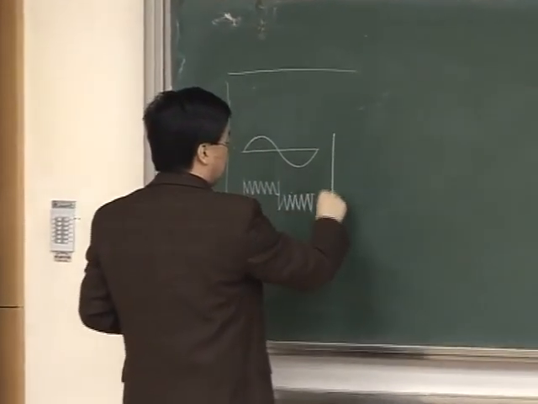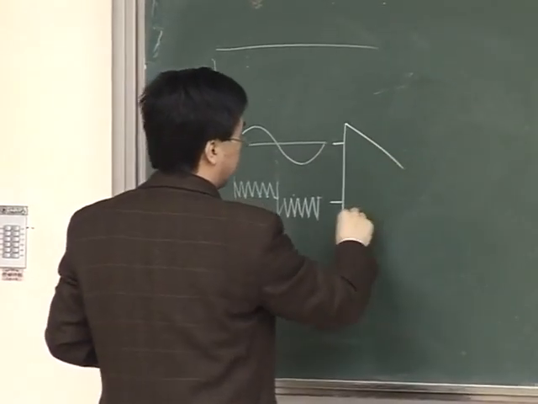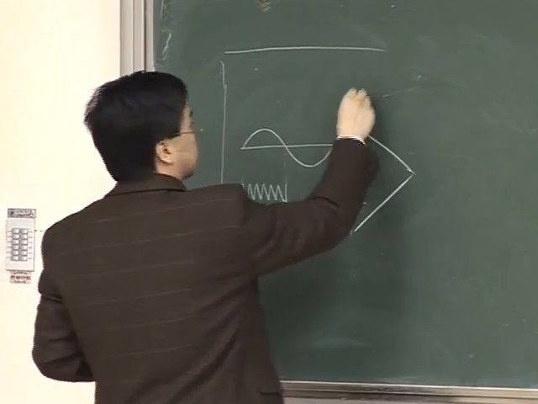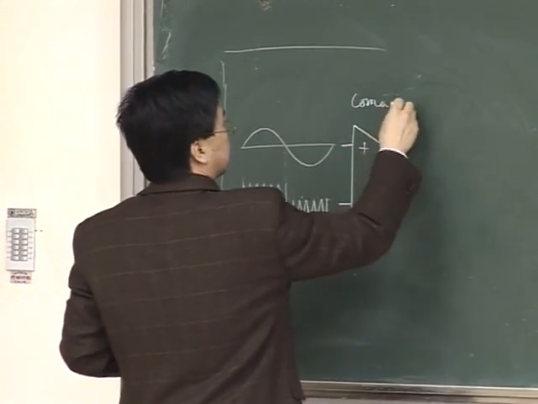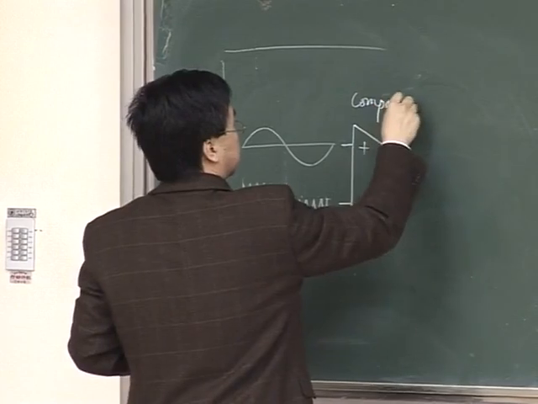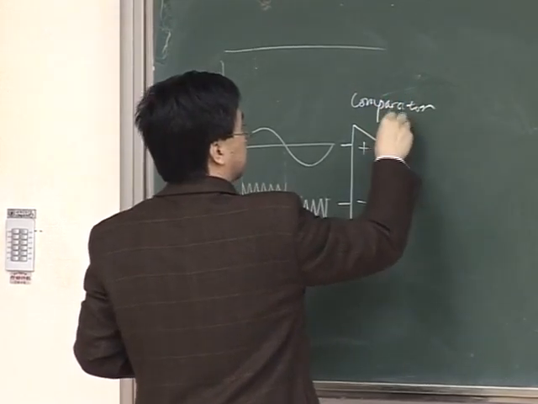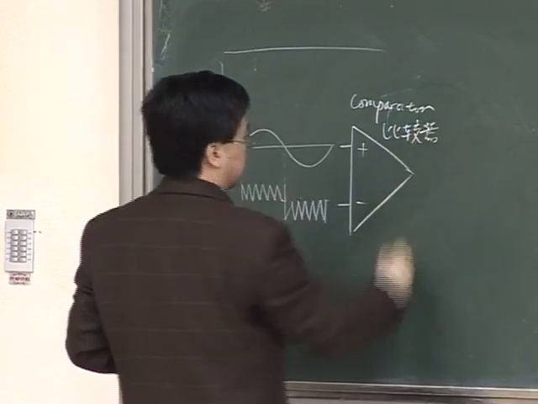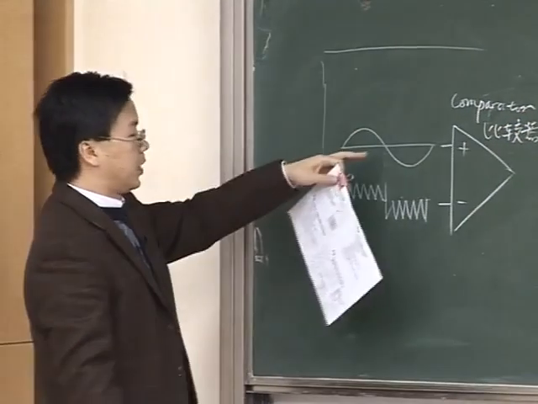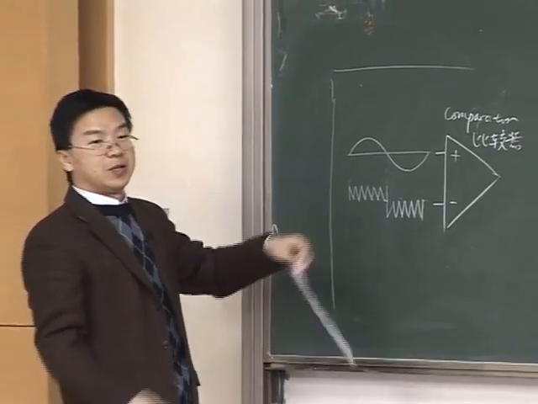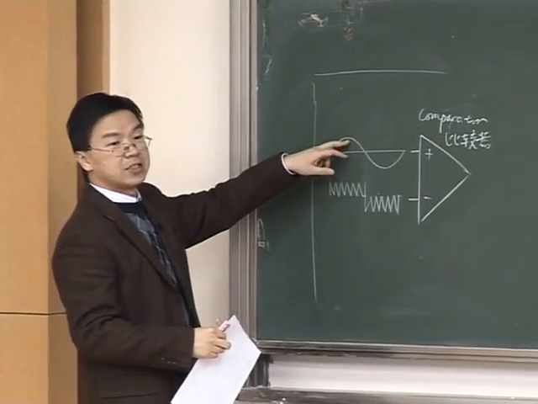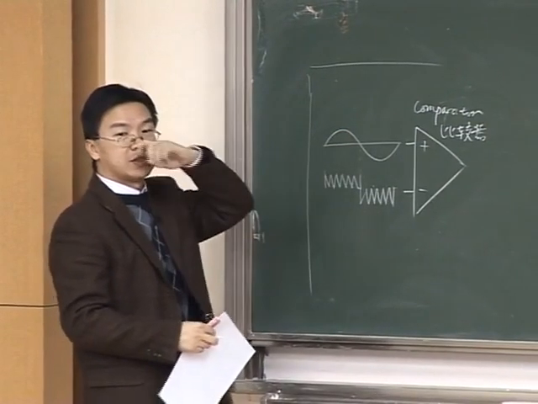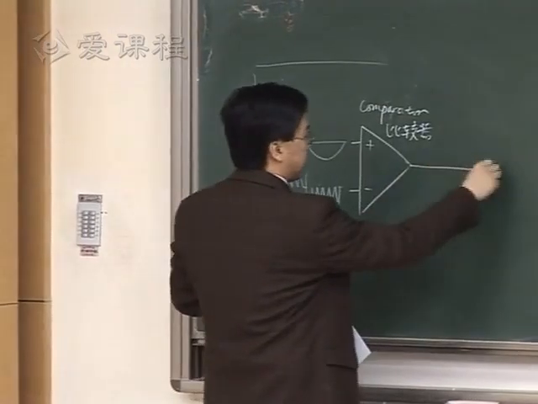And then I send this to a comparator. When I compare these two, that means when the modulating signal is larger than the triangular carrier signal, then the output will be positive.